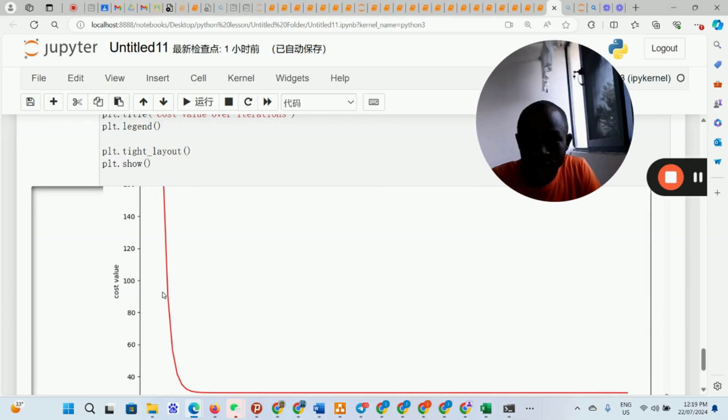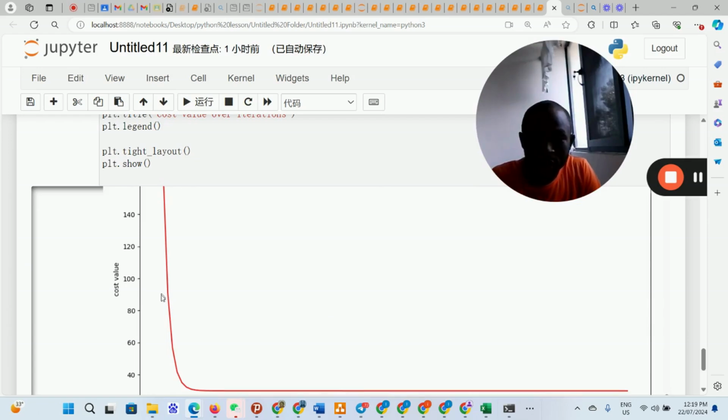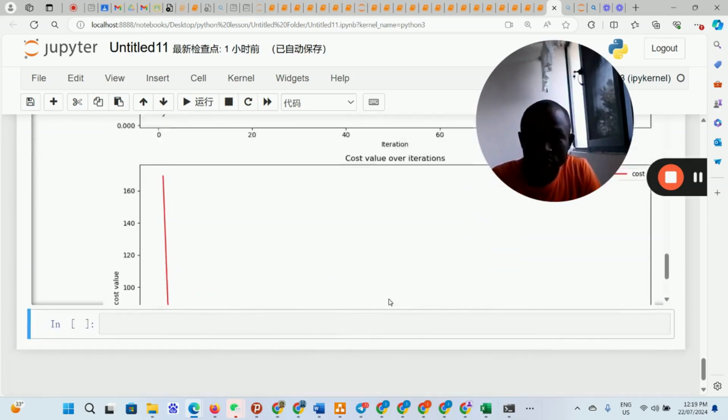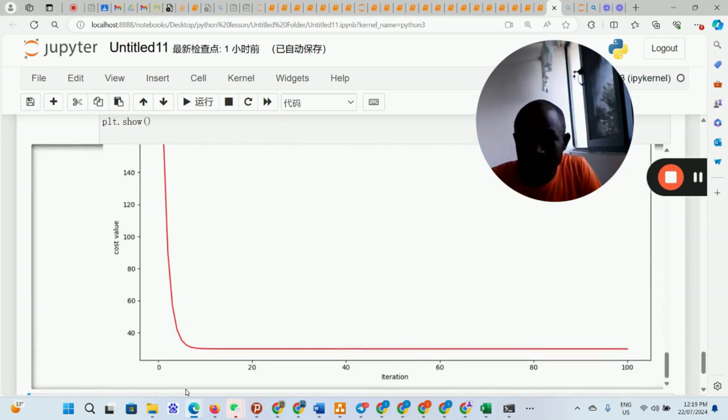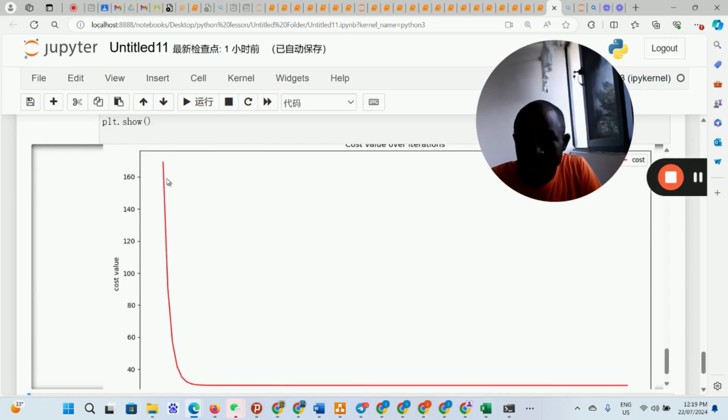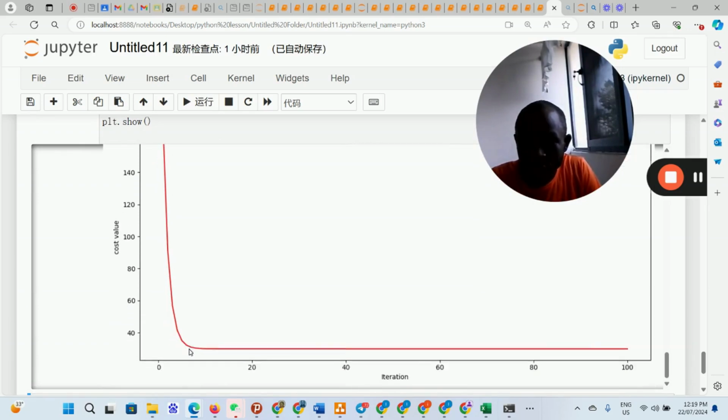Then for the cost value against the iteration, what do we have? We realize that at a given point, it started going down. It arrived at the point from 10 where it became constant right up to the end.